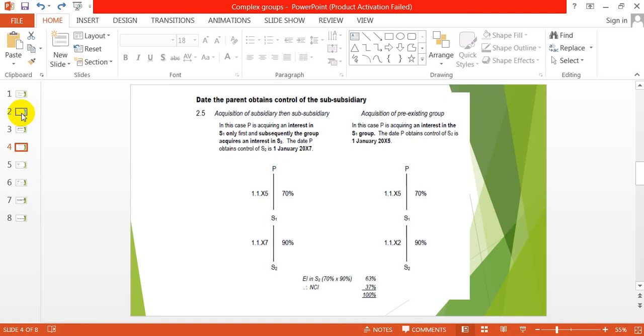If you look at the second illustration, P acquired S1 on 1st January X5, whilst S1 acquired S2 on 1st January X2.